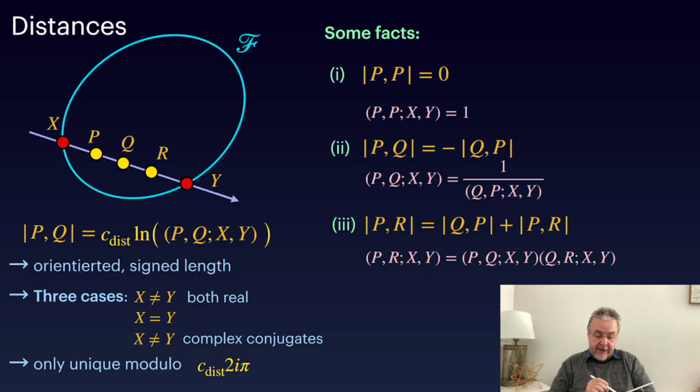Either both intersections X and Y are real points, or they coincide, or they are complex conjugates. And I also told you, be careful, everything is only defined up to a multiple of 2iπ times the distance, which comes from the multivaluedness of the logarithm.